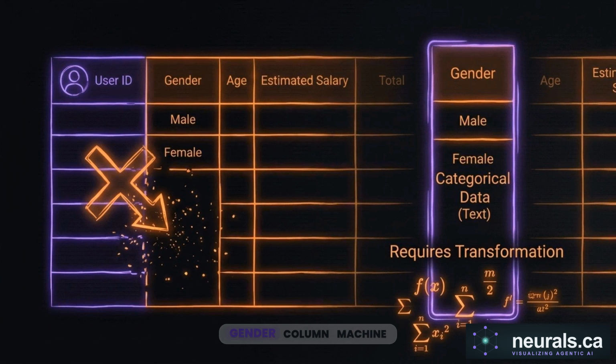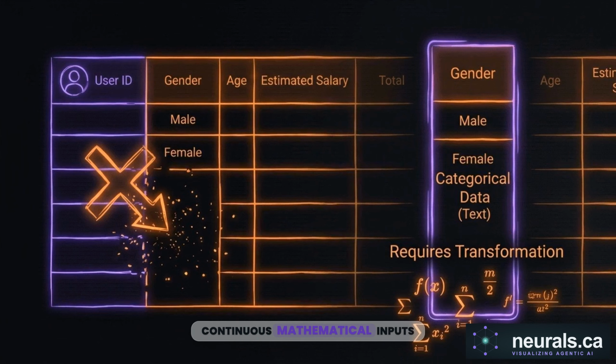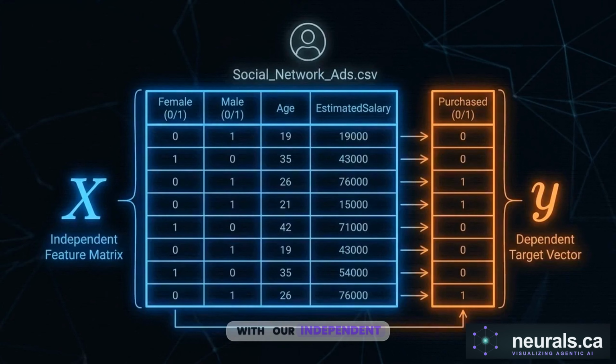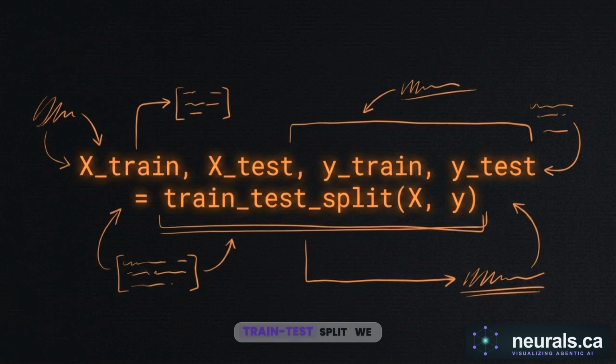Next, we address the gender column. Machine learning models require continuous mathematical inputs, so we use one-hot encoding to convert these distinct text categories into a numerical format. This leaves us with our independent feature matrix, X, containing the processed gender, age, and estimated salary fields. We isolate the purchased column into a separate dependent target vector, Y. We then pass these structures into train test split.